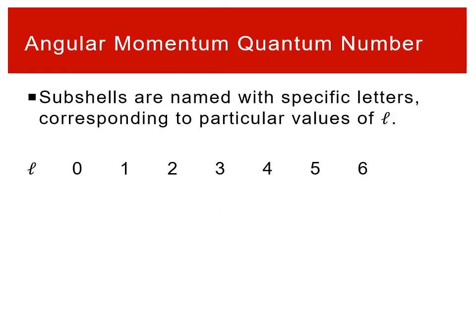All right, so subshells are named with specific letters corresponding to particular values of L. This is where our L quantum number has numerical values, 0, 1, 2, 3, whatever.